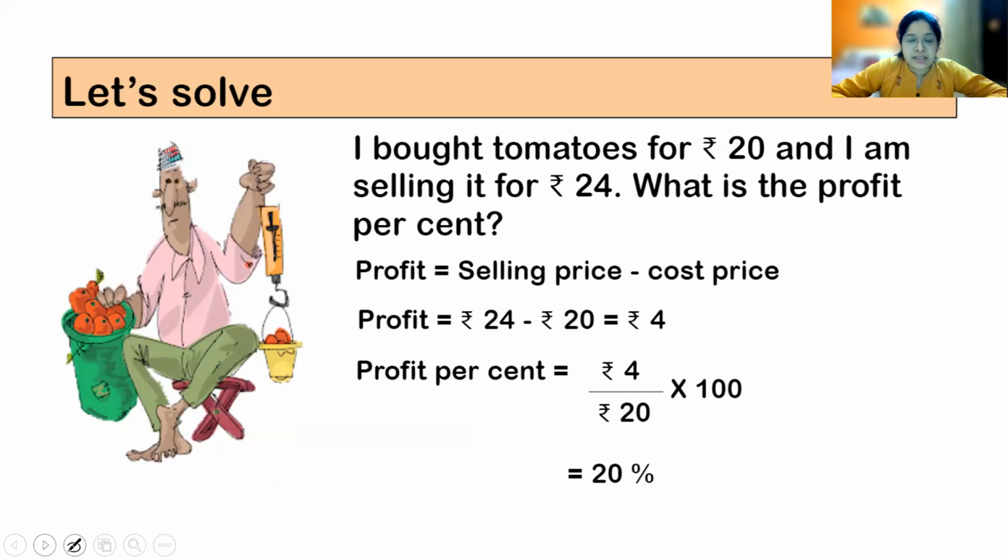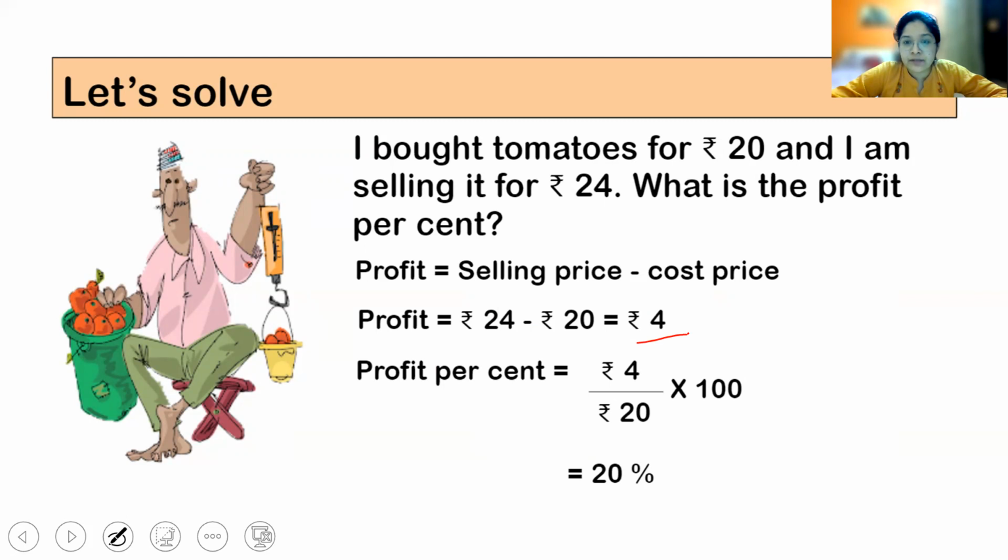He says, I bought tomatoes for ₹20. I am selling it for ₹24. What is the profit percentage? Profit is equal to selling price minus cost price, which is equal to 24 minus 20, equal to 4. We will substitute this 4 value here.